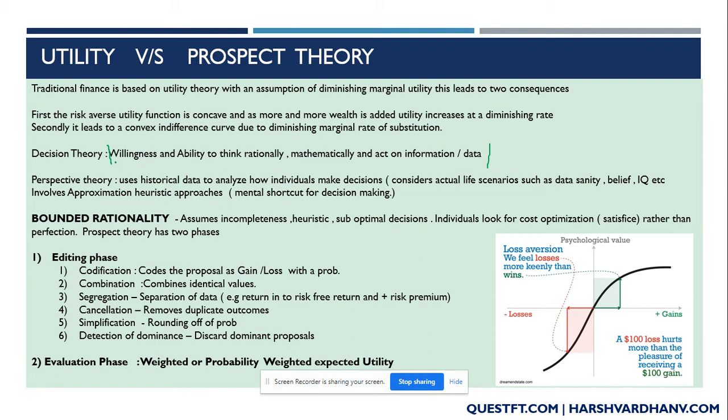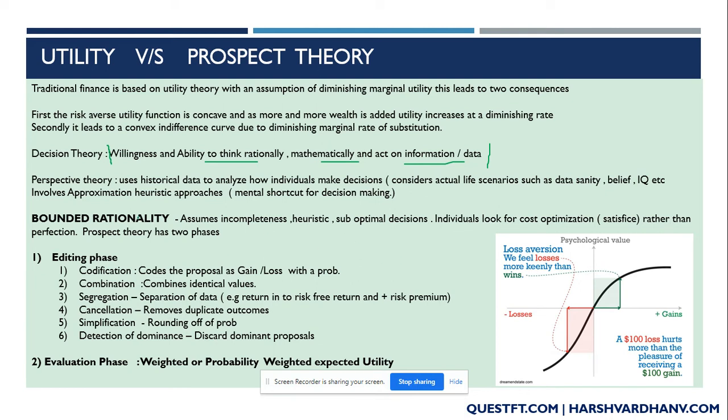So decision theory, in short, tells you about the willingness and ability to think rationally, mathematically, and act on information and data. In case you want to make a good decision for your investment portfolio, you should be able to do basic mathematics, should be rational, should be fully informed, and then only can you do simple investment calculations or project your investments.